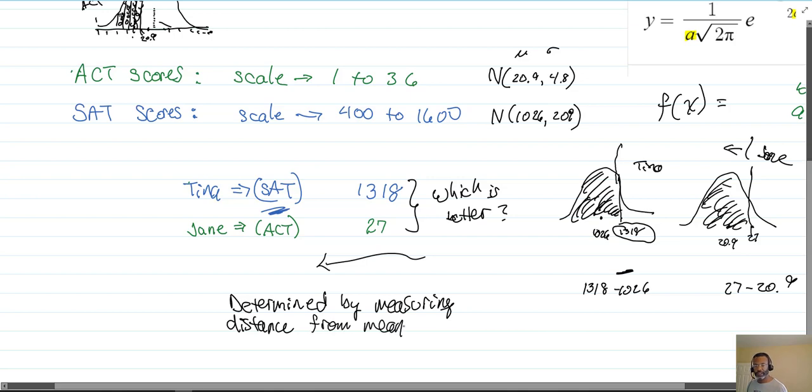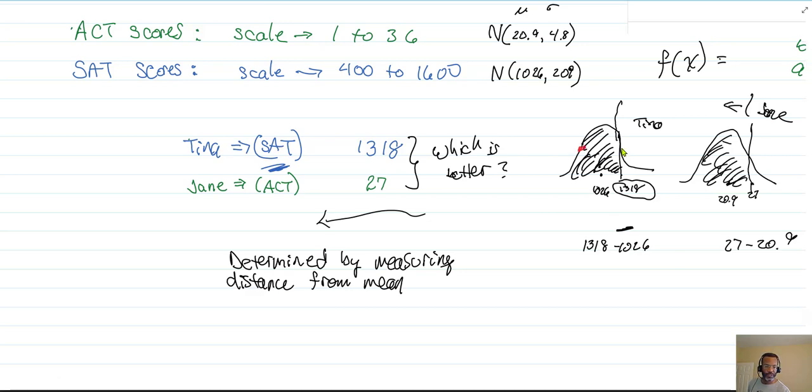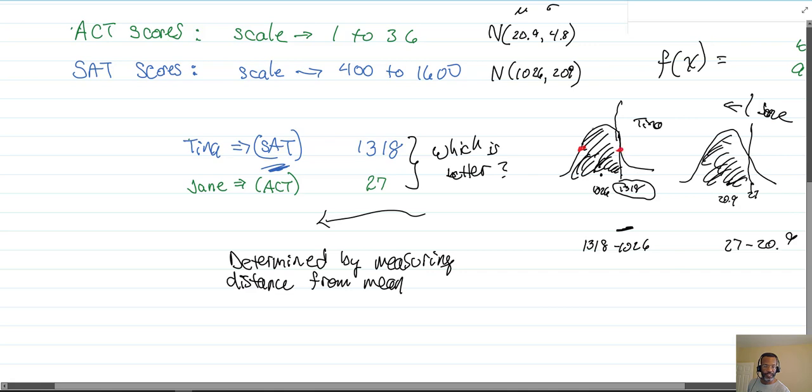Now, there is this one issue of scaling that we have to think about. Since this is a fixed curve, this normal distribution curve, it follows a pattern where there is a particular standard deviation that captures 68% of the individuals. That's one standard deviation. So we know a few things about these curves.